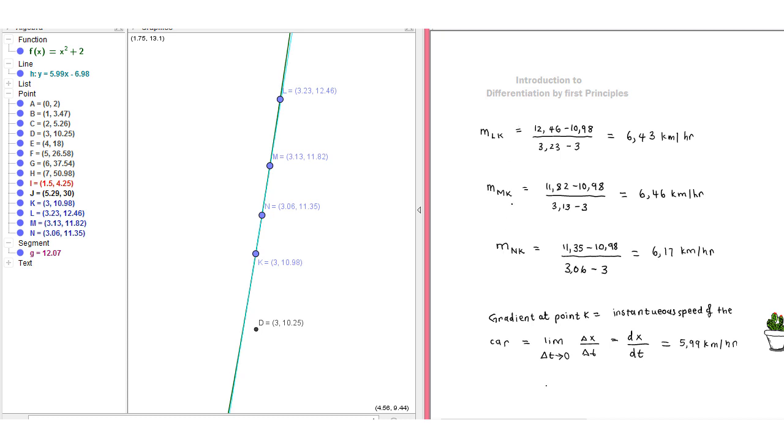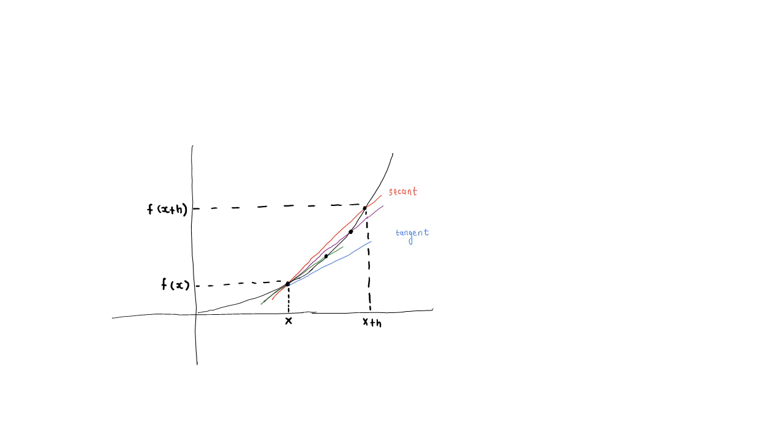And you can see above here, when we were taking the gradients of the secant closer and closer to the instantaneous speed at that point K, it is essentially a speed of 5.99, which is 6 kilometers per hour. But we can think of this more generally. Essentially, today we investigated what happens when you want to find the instantaneous speed of a car at a specific time.